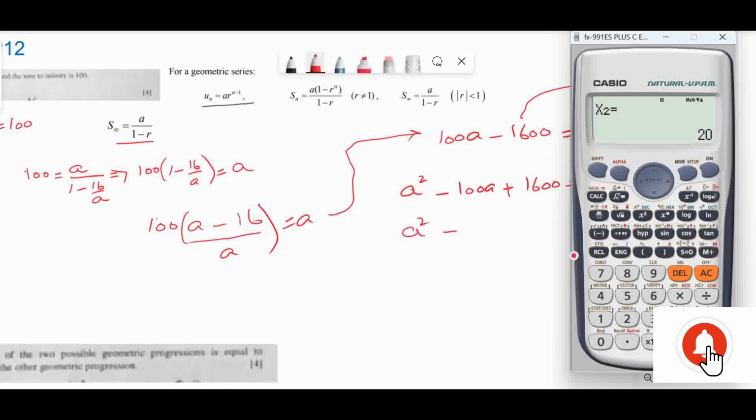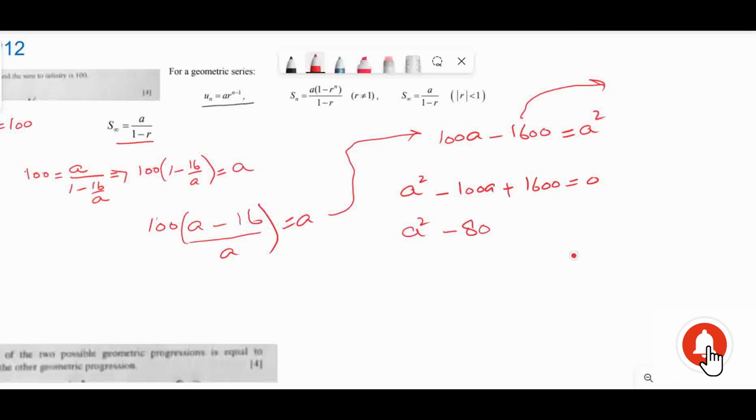So we can write it as A squared minus 80A minus 20A plus 1600 equal to 0. If you multiply it, it will give us 1600. Now we can take A common: A minus 80, then we can take minus 20 as common, so this will be A minus 80 equal to 0.